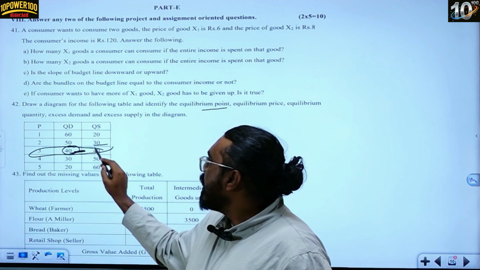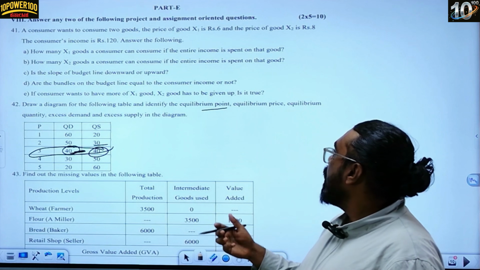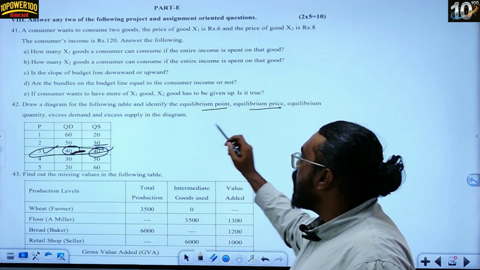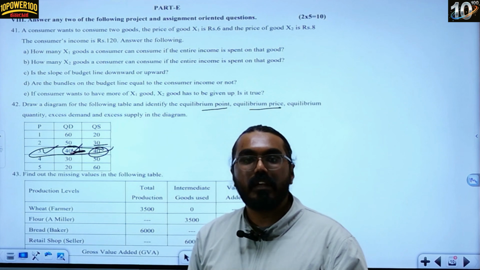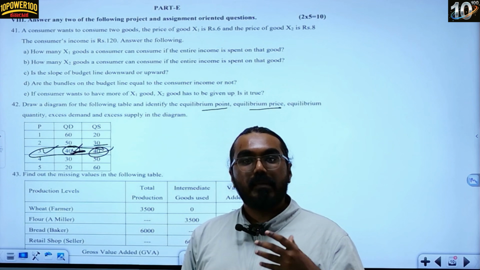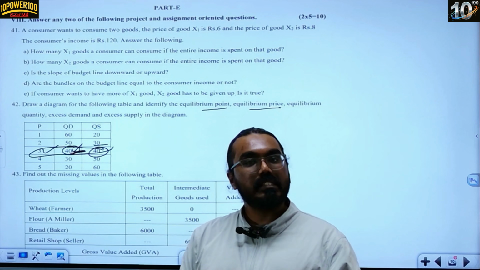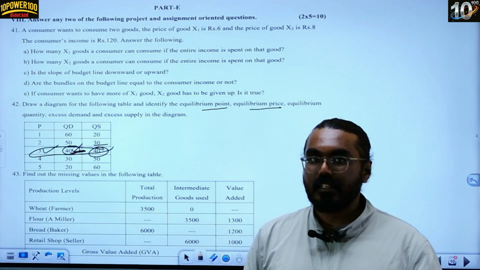Wherever you see demand and supply are equal, that is your equilibrium point. Equilibrium price is the corresponding price that is here. Equilibrium quantity is here. Excess demand and excess supply are very easy to calculate as well, right? So practical oriented questions of this type are very easy, and they will easily give you the 10 marks that you should be scoring from the last section, part E.